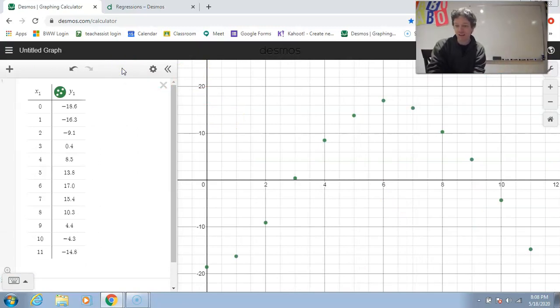All right. Now, question 2 says, what type of model best describes this graph? Linear, quadratic, or sinusoidal? Well, it's definitely not linear. If I were to draw a line of best fit, it's not going to be very good at all. It's not quadratic, right?